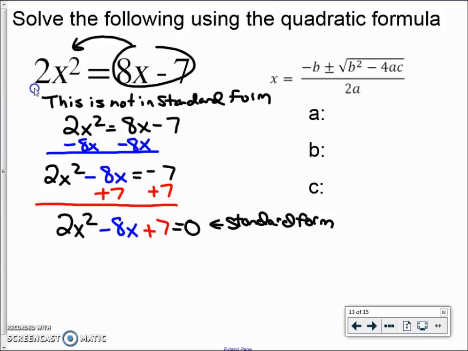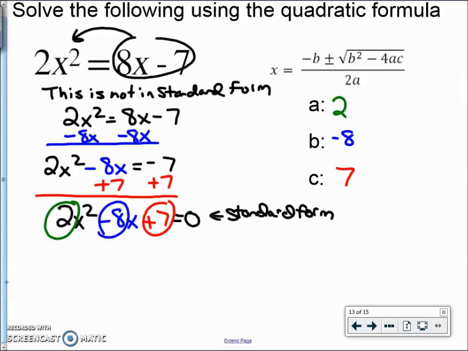From here, my a value is still 2. My b value is negative 8. And my c value is 7. From here, I calculate my discriminant. My discriminant is positive b squared minus 4 times a times c, where a is 2 and c is 7.